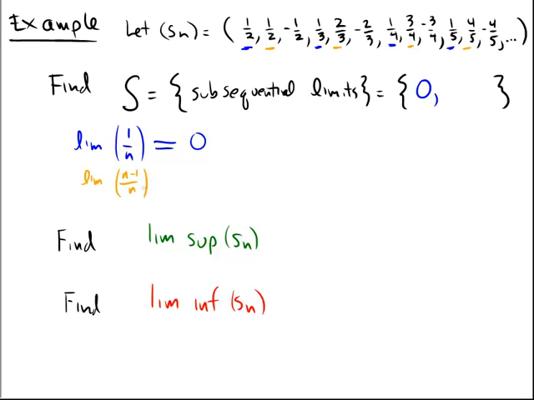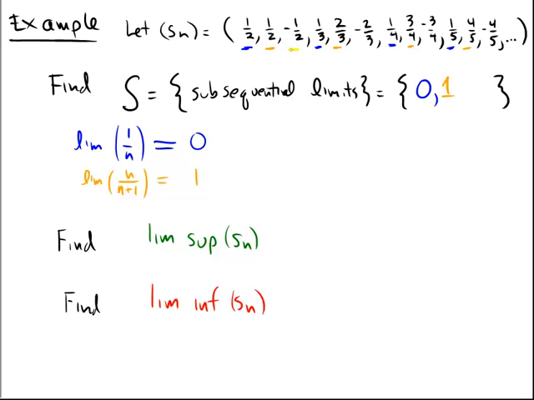Actually, the way I define it here would have to be n plus 1, because the first one would then be 1/2, and the next one would be 2/3, etc. Okay, that limit is 1, so we also have a subsequential limit of 1.